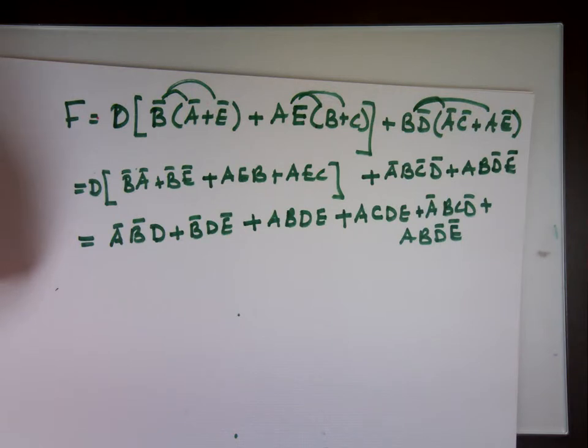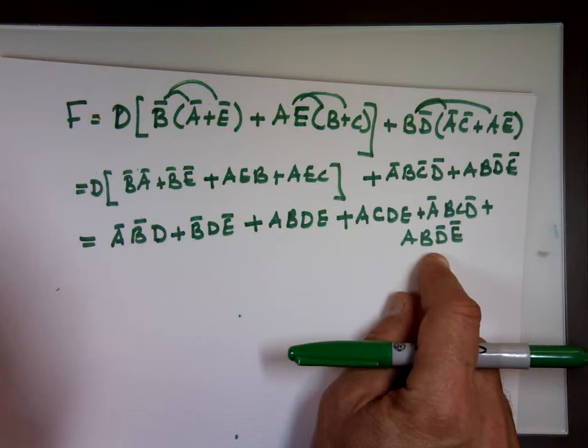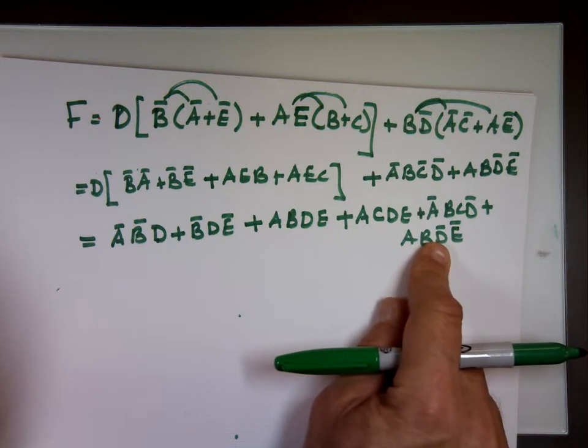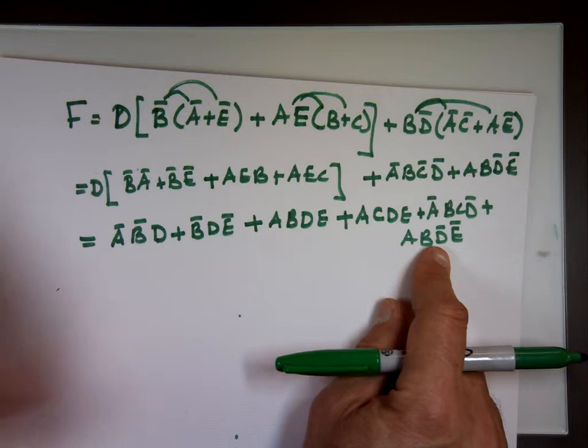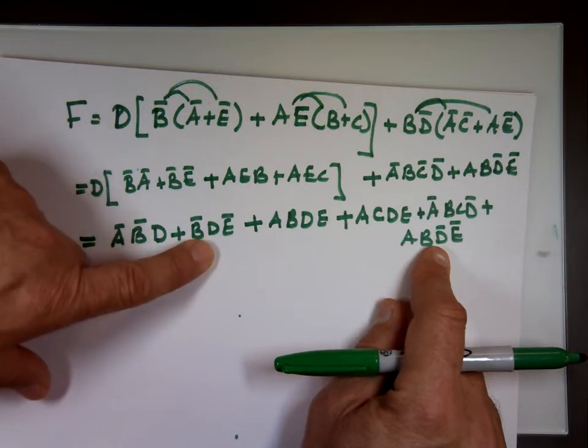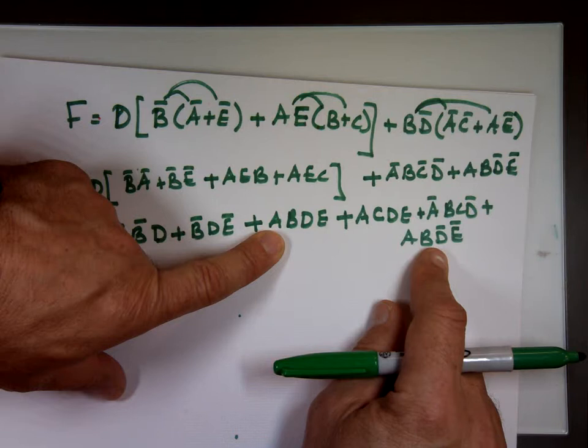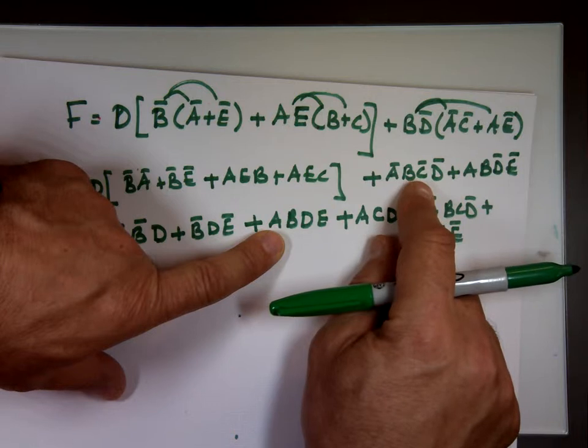Which one? B, D, E? This one? Is that what you're looking at, Nigora? With this one? Second to last one, not C instead of C. This one here? Yeah.